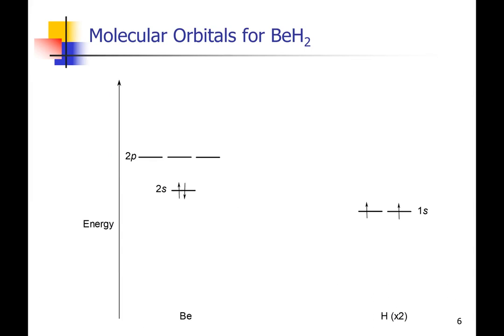So now that we've developed the shape of our molecular orbitals, we know what they look like. We've figured out which atomic orbitals did and didn't combine with each other. We're ready to build the energy level diagram. So remember, we have a 2px on the beryllium and a 2py on the beryllium that didn't mix with anything.